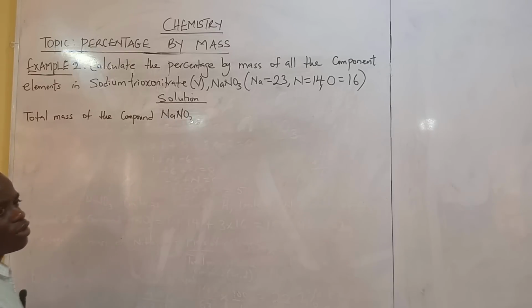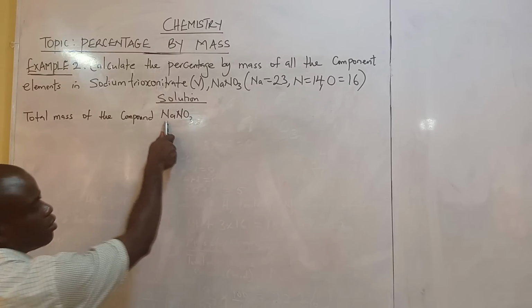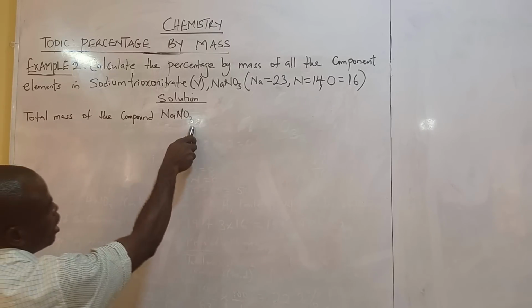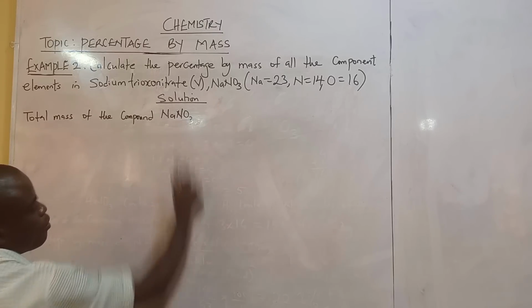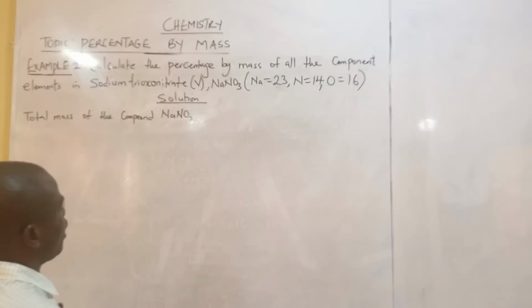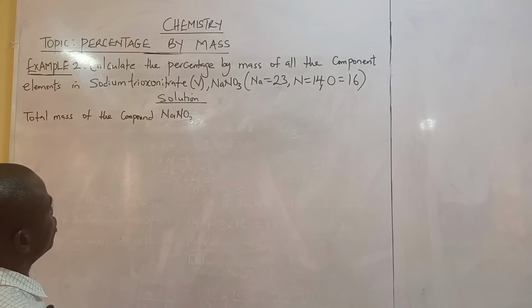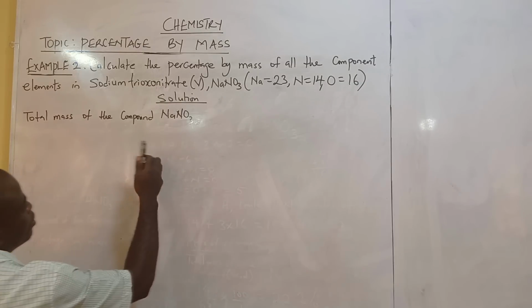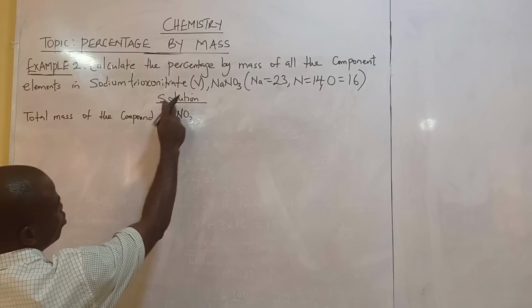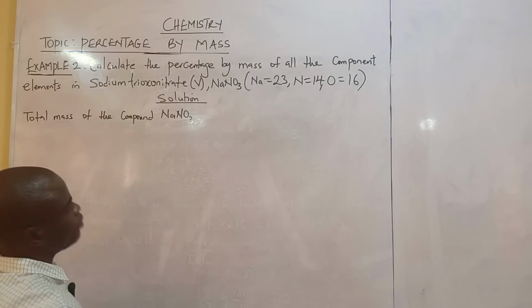Sodium, since this is not an acid, you name the metal first. Sodium trioxonitrate(V) is not an acid. If it's an acid, there will be H, hydrogen, at the front.